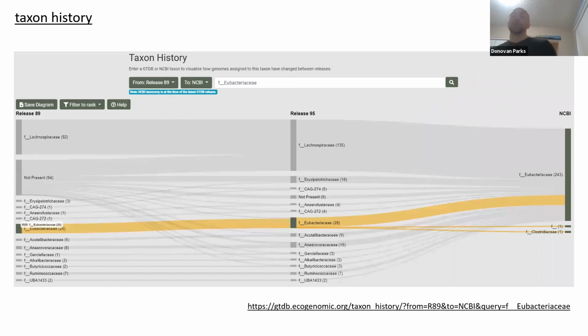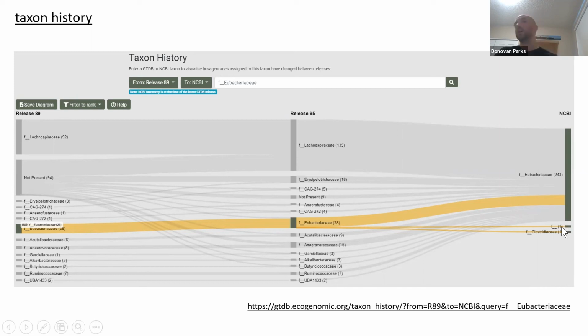This is perhaps the most useful view of the taxonomy for at least understanding how it's changed over time and how it relates to the NCBI taxonomy. So this is the taxon history view, and what I'm showing you here is the history for the family Eubacteriaceae. On the right here, you can see how genomes that have been classified as Eubacteriaceae, either at NCBI or in any of the GTDB releases, are named at NCBI. You can see that the vast majority of those are classified as Eubacteriaceae, but there's one genome that just doesn't have a classification.